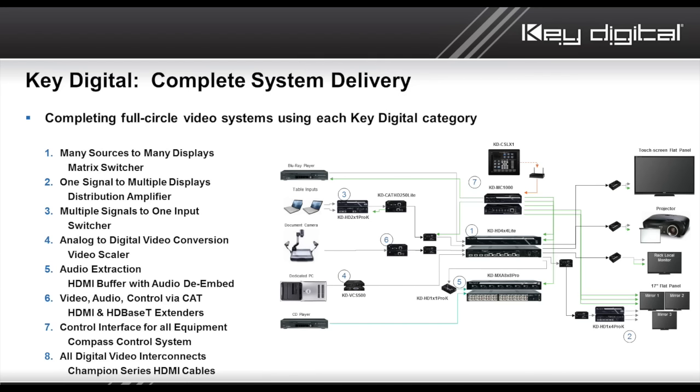We sell external boxes for that, or like I said, you'll be seeing that feature in some of the products today. And number 6 is what we're here to talk about, extension products that extend HDMI, video, audio, control, and more all over cat wire, because cat cable is everywhere. It's easy to work with. It's versatile. So you're going to get the rundown of our full family of extenders today.